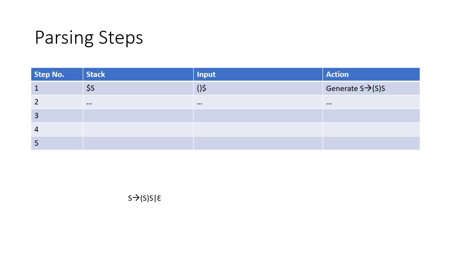What are the possible actions? We replace a symbol on the stack with its expansion, that is, we expand it based on a production that it matches. Or if it is a terminal symbol, then we see if it matches the symbol at the input, and if there is a match, then we take some action. All these actions are listed according to the steps.